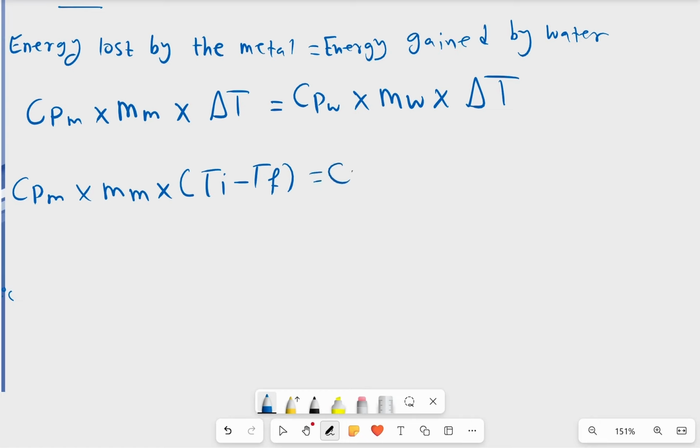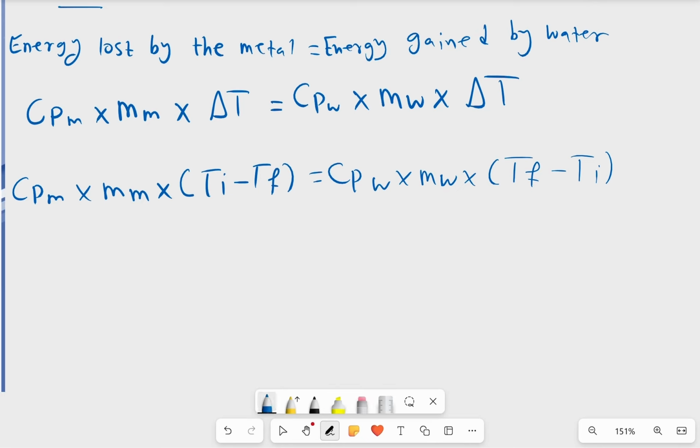Then CP of the water times mass of the water times, water is gaining heat, so this is going to be T final minus T initial. I know you have a lot of quantities to deal with, but believe me, it's really easy. Then let's plug in the givens.